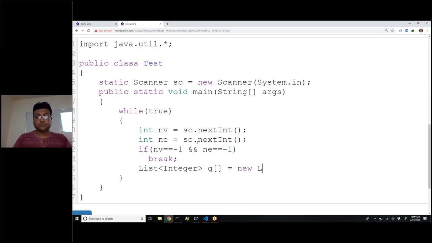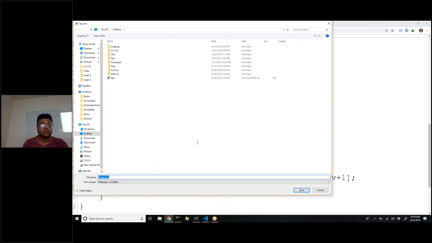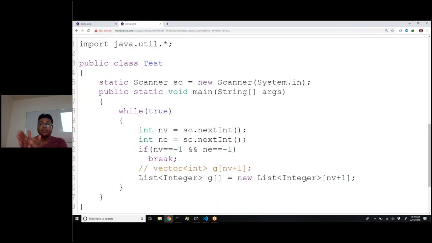We say new list of integer of how many elements? nv plus 1. So this is Java notation. C++, we can directly write vector of int g nv plus 1. That is good enough for C++. So this way we are just creating an array which will have the list for every vertex. So far this is clear?